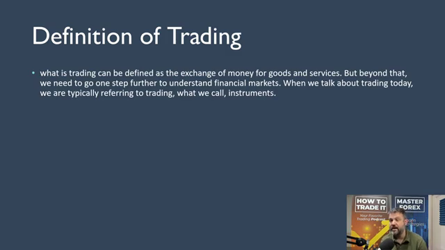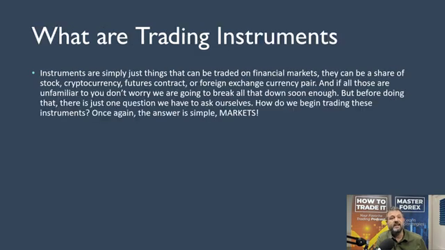But then when we break it down even further, we're talking about trading in the sense of financial trading instruments, which is a stock, which I have the definition of at the end, futures, currencies. There's so many different things that we're going to trade in the markets. But let's go ahead and take a look at instruments.